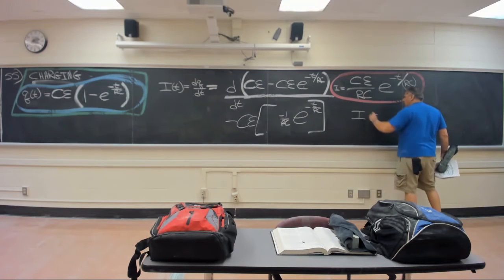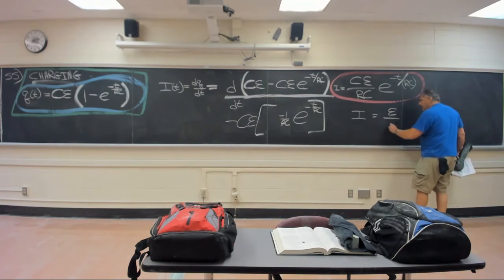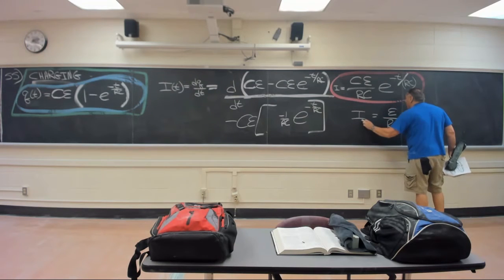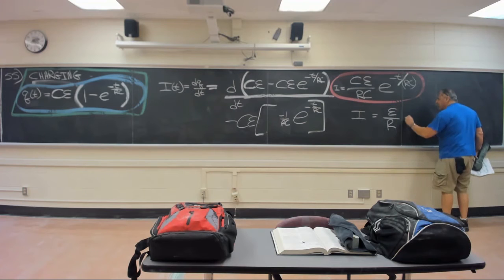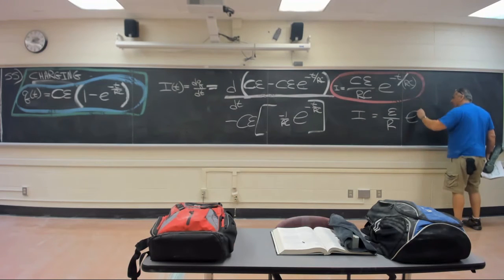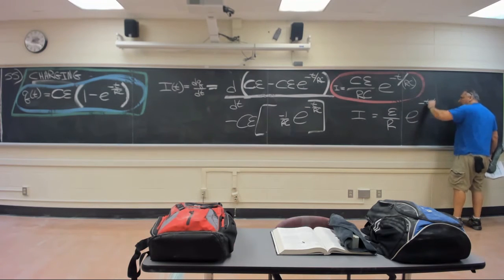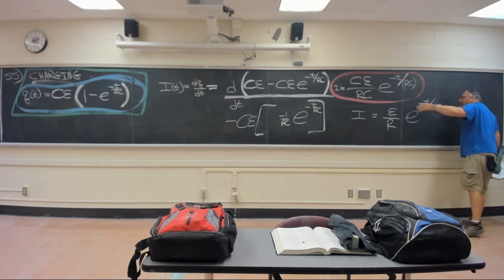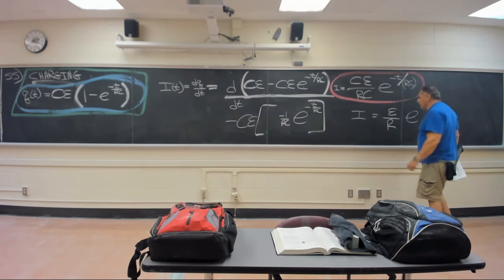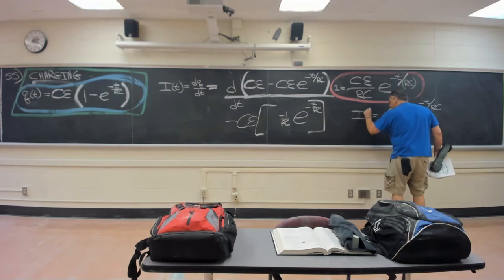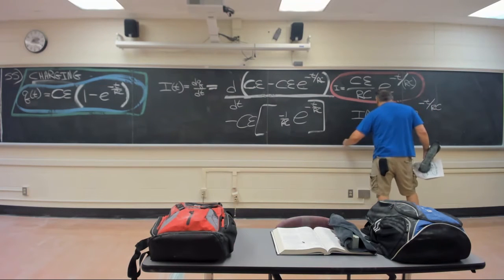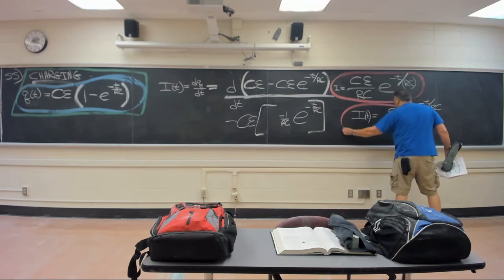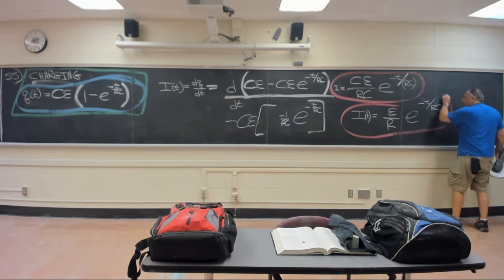The C's cancel. You got E, voltage, divided by R is current. It's the maximum current because this right here strives to get there, I guess you could say, as it's charging.